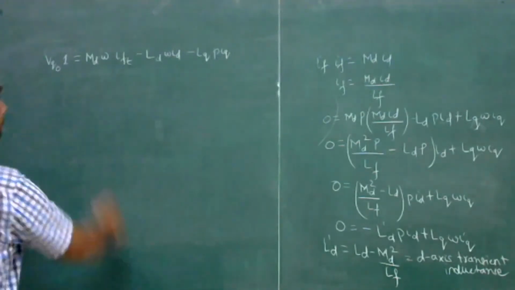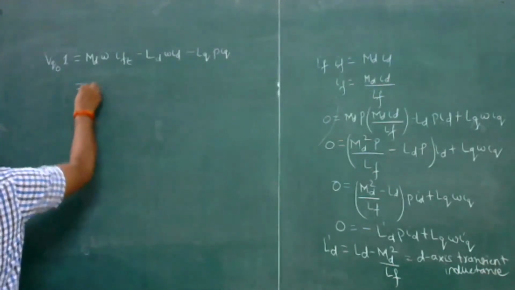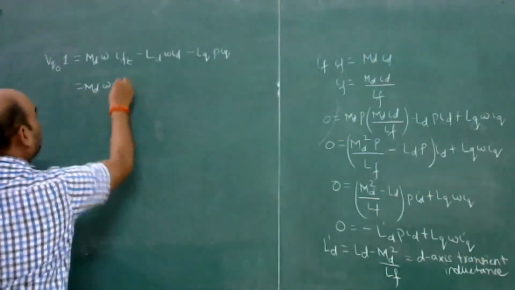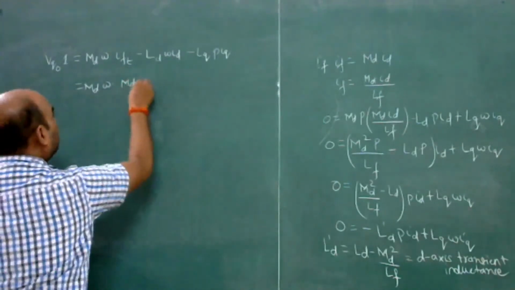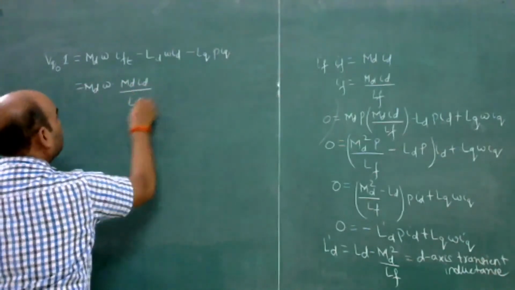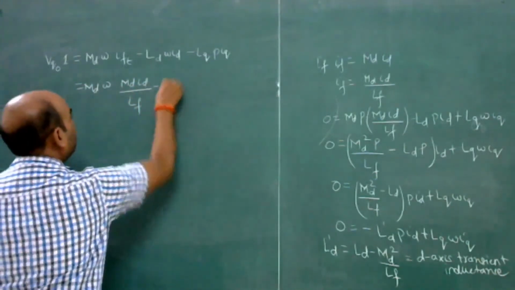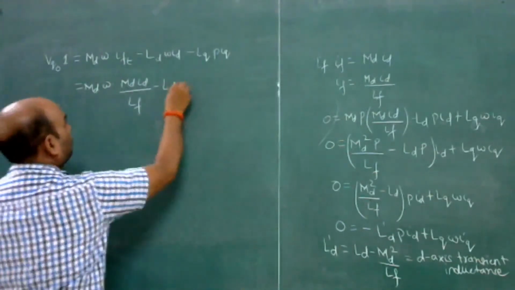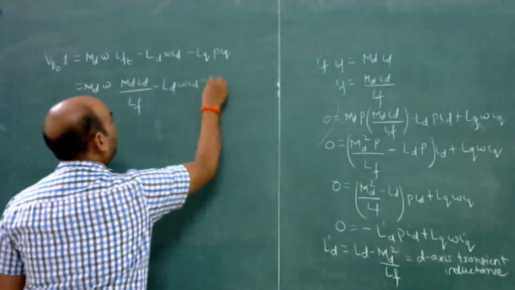So this will become MD into omega into IF, so MD ID upon LF, minus LD omega ID minus LQ P IQ.